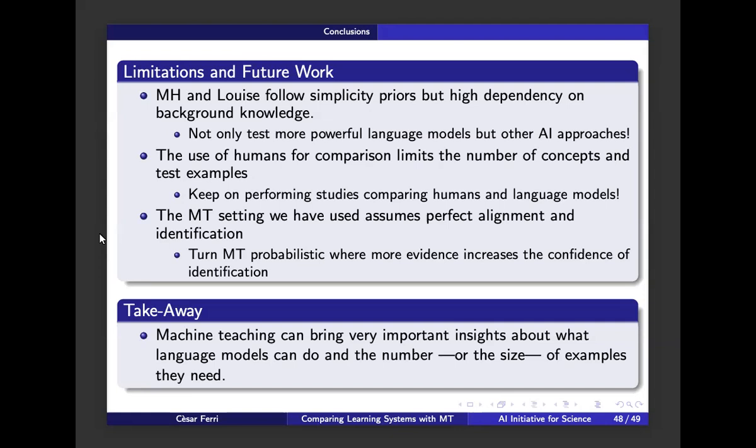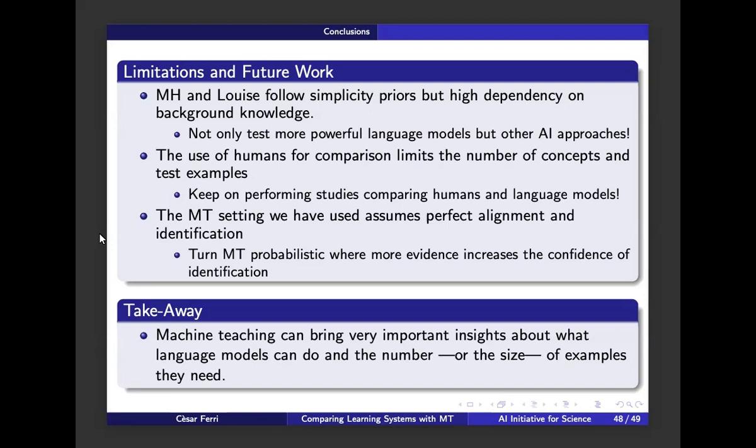And also, it's related to your question. This setting assumes perfect alignment and identification. We were able to use the machine teaching setting to get the minimal witness set. But for instance, the extra training sets were generated algorithmically without the matching system.